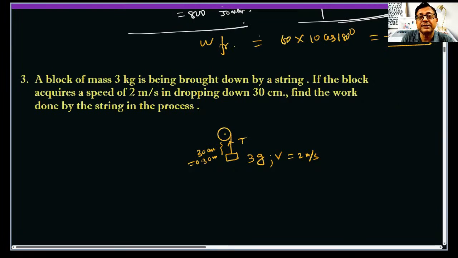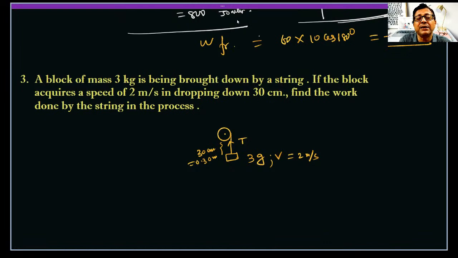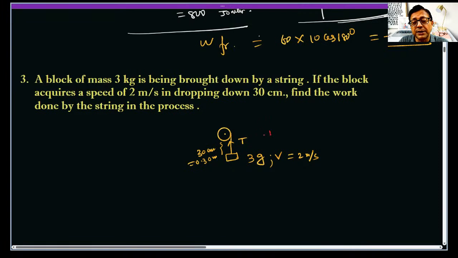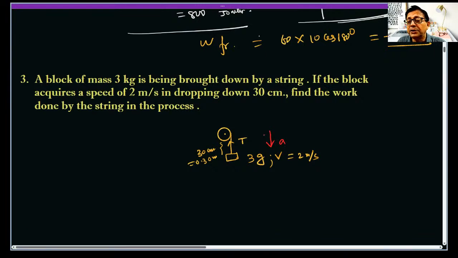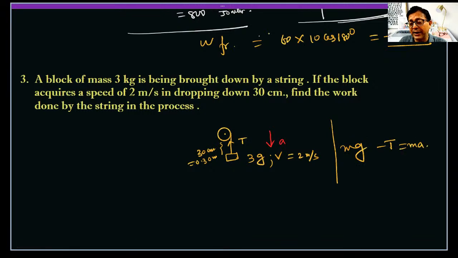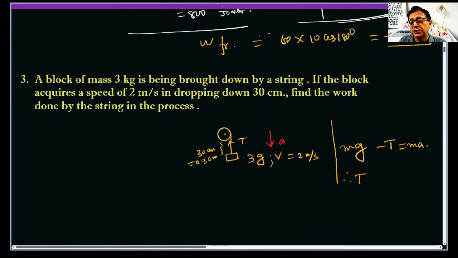This you must agree with me: acceleration is created because of this tension and weight, acceleration A downward. So if you go by the equation of motion, mg minus T is going to be ma. So T is equal to m into g minus a.